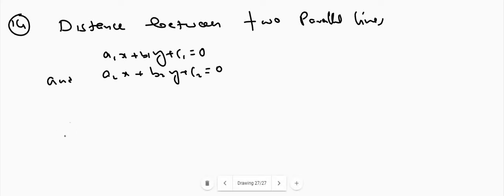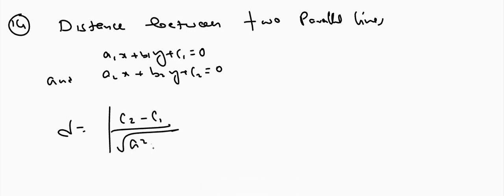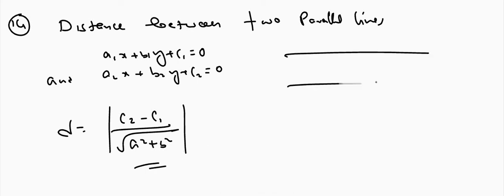Then d is equal to modulus of (c2 minus c1) divided by root of a square plus b square. This is the formula for finding the distance between two parallel lines. If two lines are parallel, then the slopes are equal.